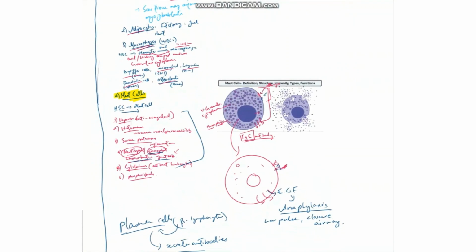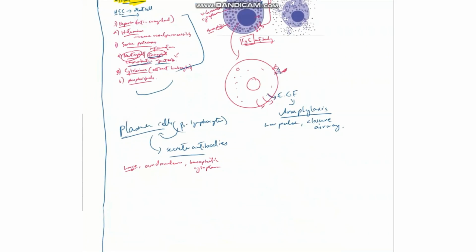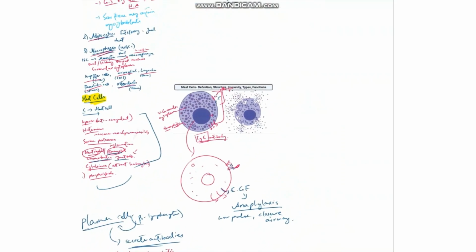And then the mast cells, which are the primary allergic reaction cells, and they had these secretions that they secreted and very granular cytoplasm because of these secretions, and then the plasma cells that secrete antibodies. And so there you have it, the cells of the connective tissue. And now we are going to begin the extracellular matrix.